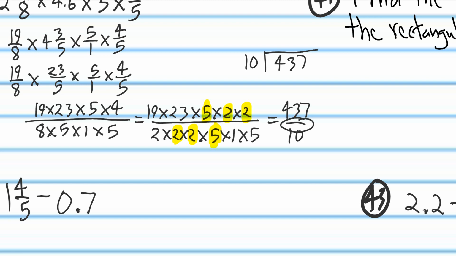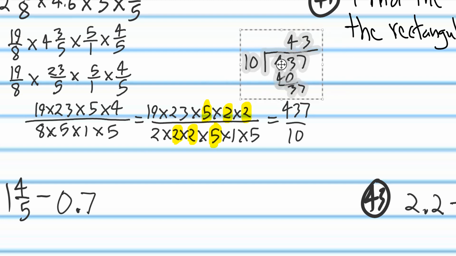We learned that in the rates portion of the course, and we learned that in the last class. So 10 goes into 43 4 times. 10 goes into 37 3 times.